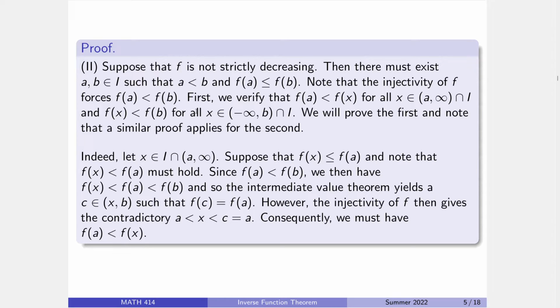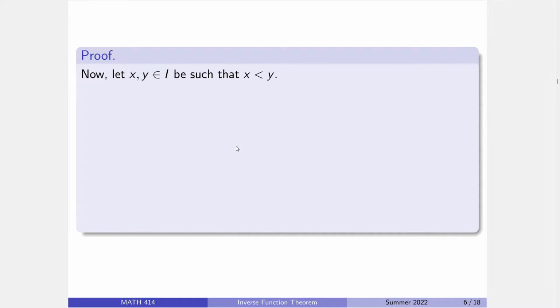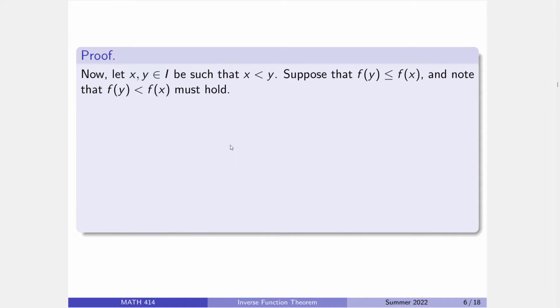So now I just need to use this to guarantee that strict increasing is happening everywhere. Pick x and y to live in I, and let x be strictly less than y. I want to show that f of x is strictly less than f of y. Again, for a contradiction, suppose the opposite. And again, note the injectivity guarantees that it has to be strict.